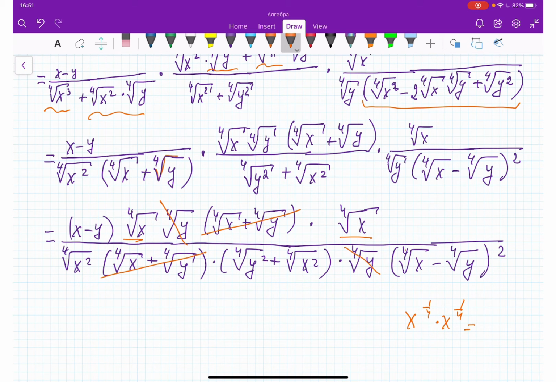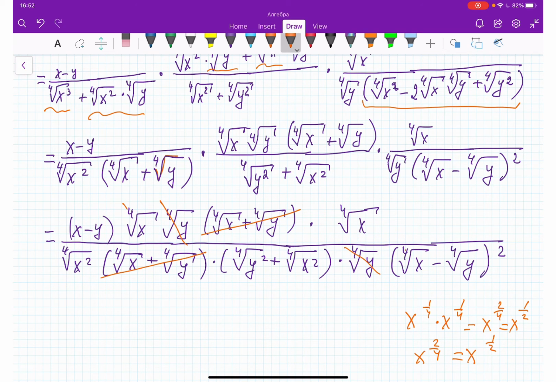It's going to be x to the power 2/4, and it's going to be x to the power 1/2, correct? And since x to the power 2/4, this one is also the same thing as x to the power 1/2. So this is what I'm going to do. Beautiful operation.